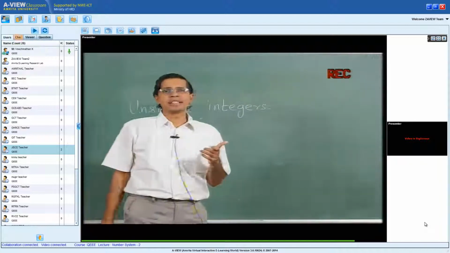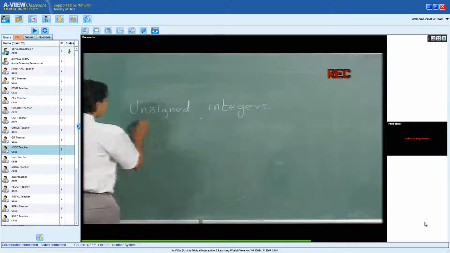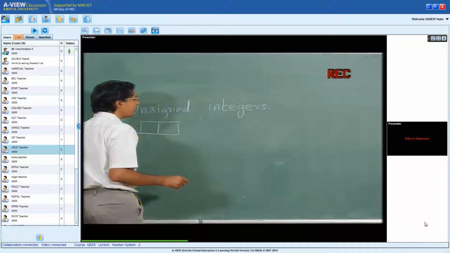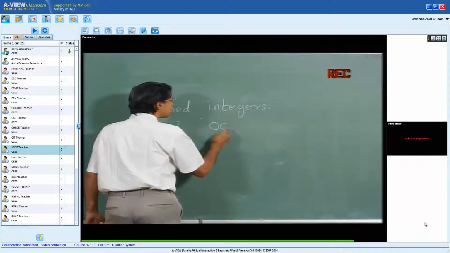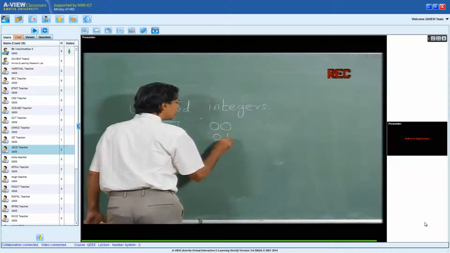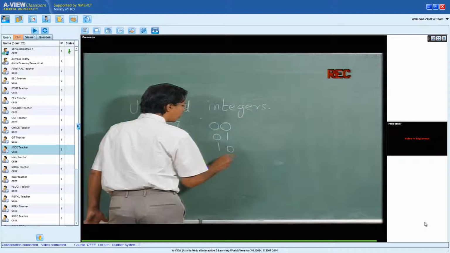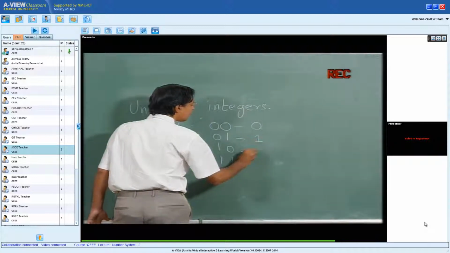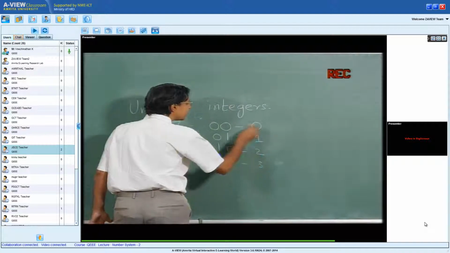Suppose I have only 2 bits to represent an integer. Using these 2 bits, I can have these combinations, namely 00, 01, 10, 11, which will represent 0, 1, 2 and 3. These are the decimal values.